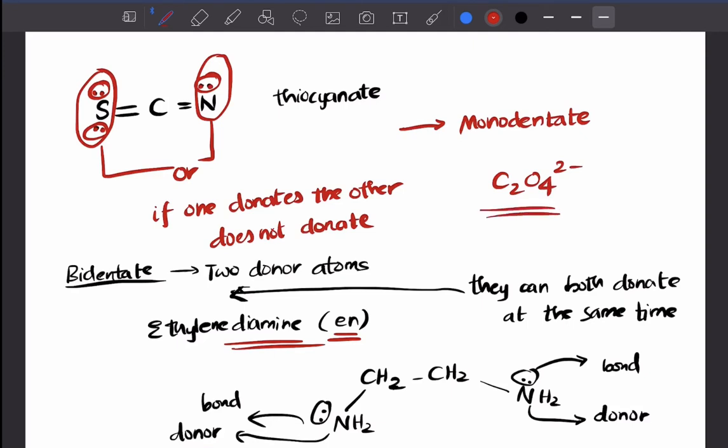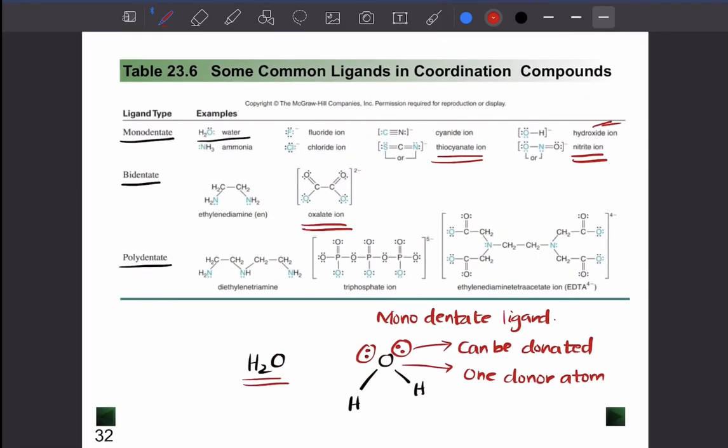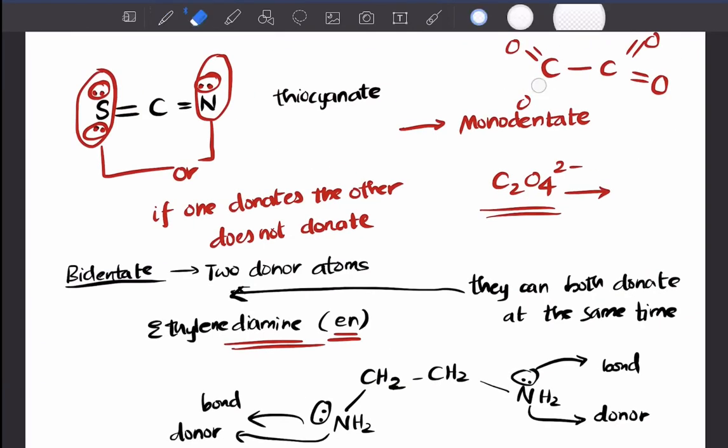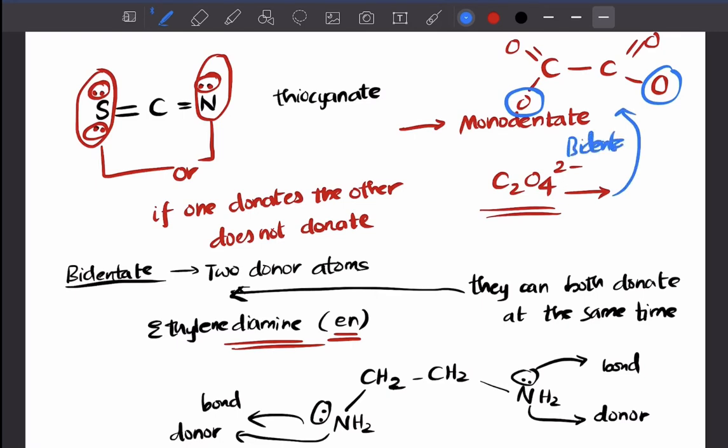This is an example of another ion, where you have two carbons that are combined with oxygens. Here, these two oxygens are the ones that are ready to donate their electron pair. So this way, this is also becoming a bidentate ion.